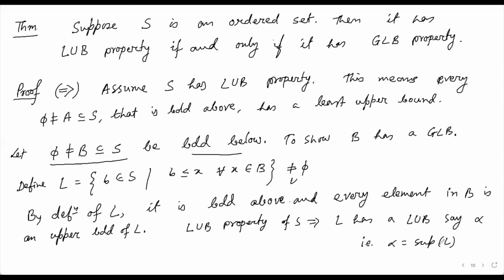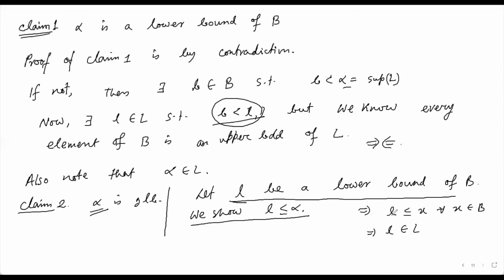So here is the definition of L. By definition, this small l belongs to capital L, and alpha is the supremum of capital L. This implies l is less than or equal to alpha, which is equal to the supremum of L. So this is what we wanted to prove. So this completes the proof. So let us stop this lecture.